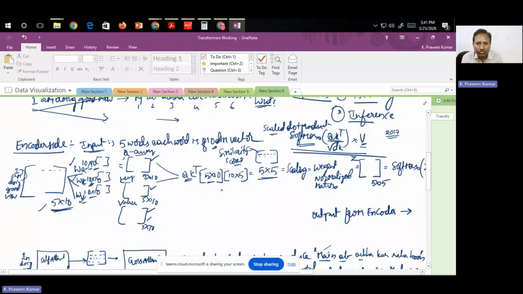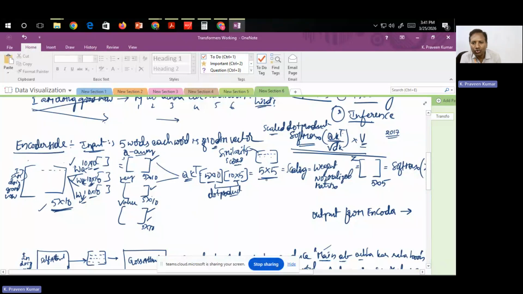This happens with the matrix multiplication, which is nothing but dot products. A dot product gives a similarity score, a scalar value. So I get 25 scalar values, which is the 5 cross 5 matrix, where each word's relation to the other words is captured.